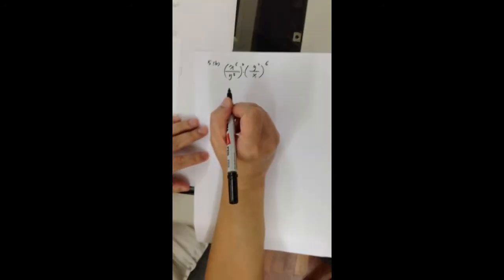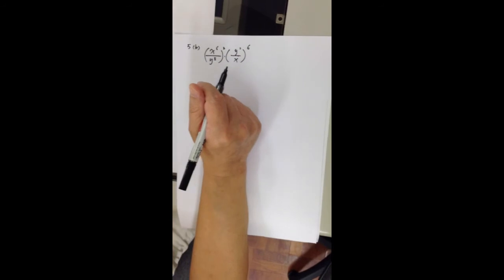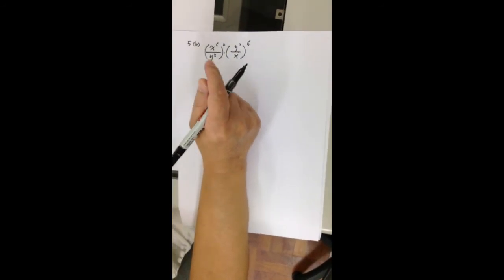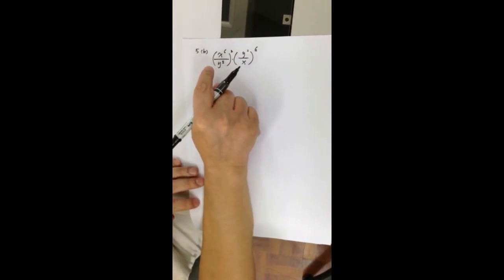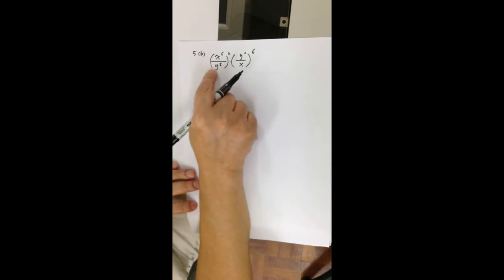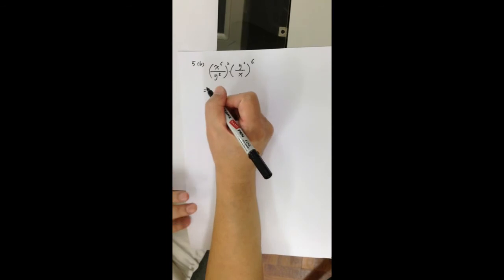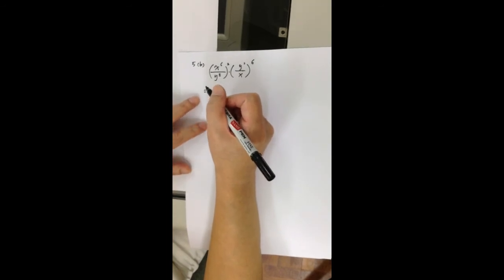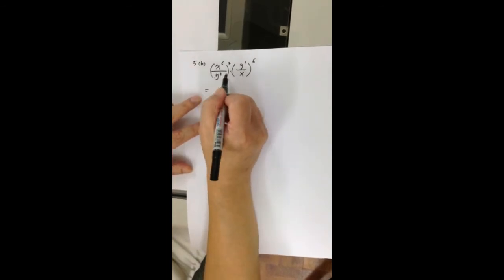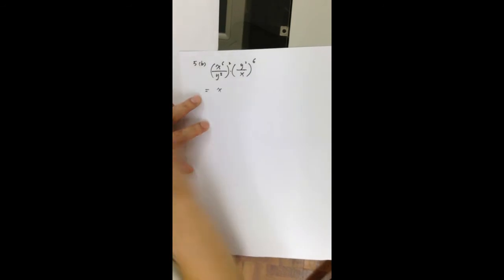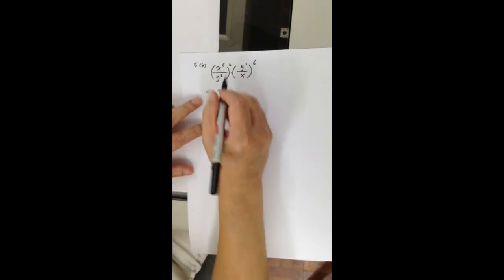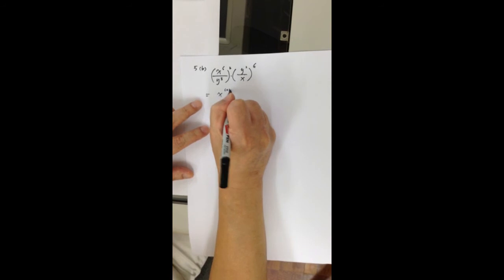For question 5b, it is similar to question 5a. You can see that there are two small round brackets, the first one and the second one. We use the same formula as I said before. In the first round bracket, for the letter x, x to the power 6 times 2.